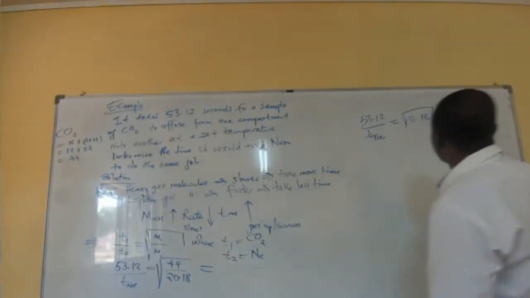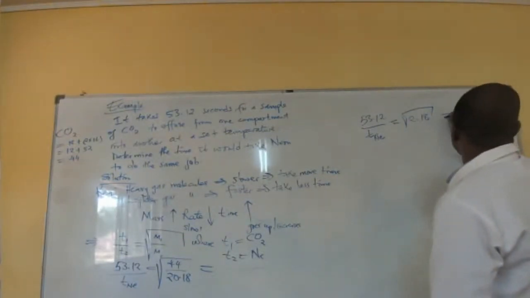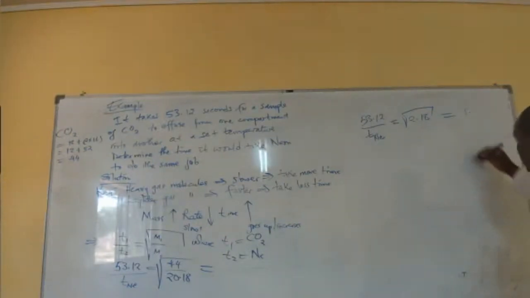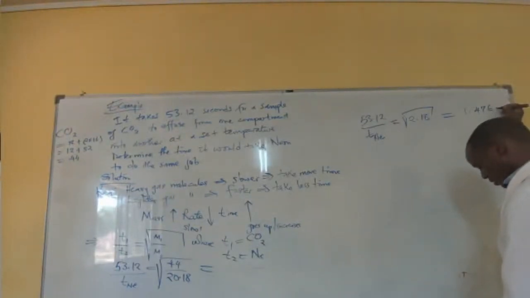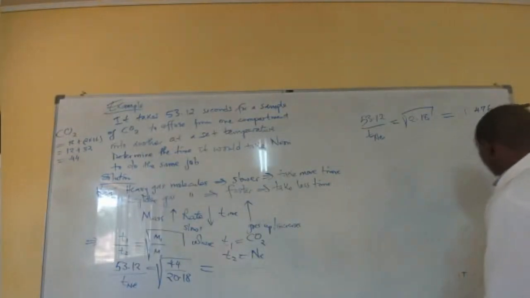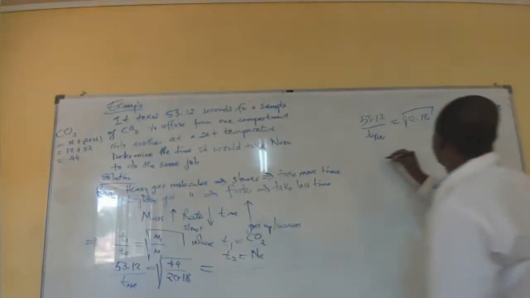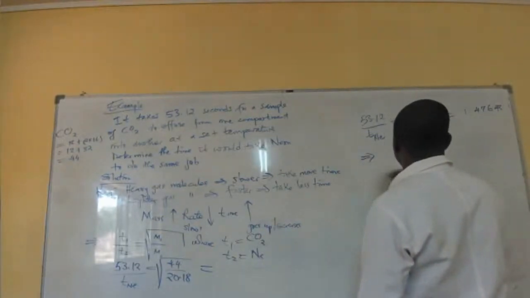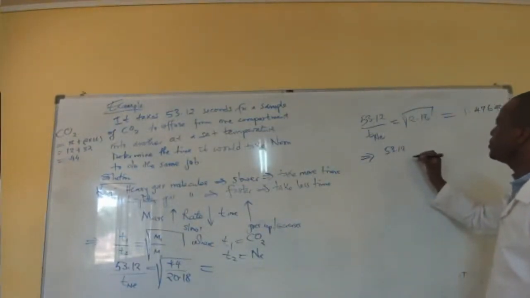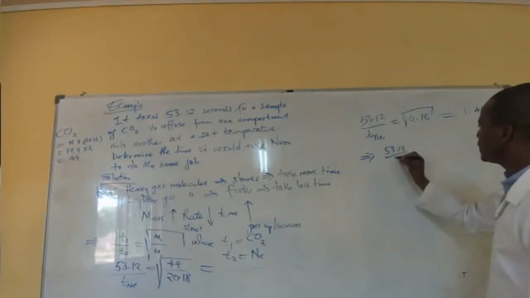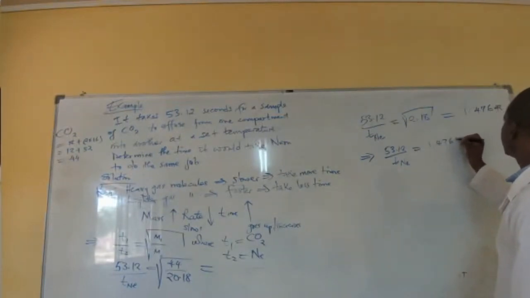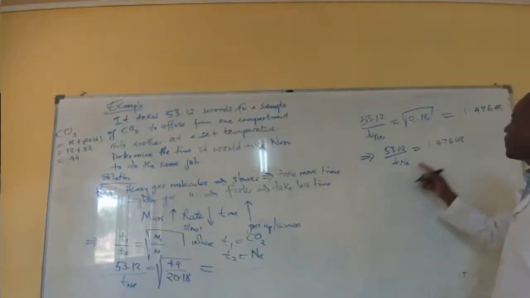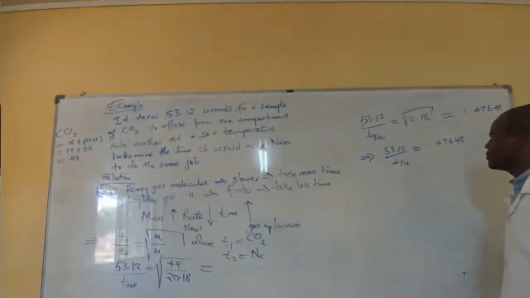When you square root that, you should get 1.47648, which translates to 53.12 over T of neon is equal to 1.47648. Make T of neon the subject of the formula.